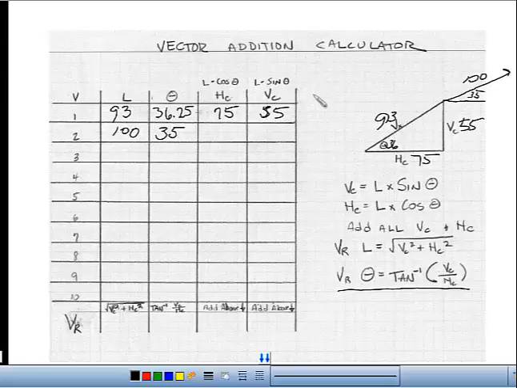The SOHCAHTOA, come up with some mnemonic aid for your trig functions. And you can see that if you're looking for the opposite, you multiply the hypotenuse times the sine of the phase angle.